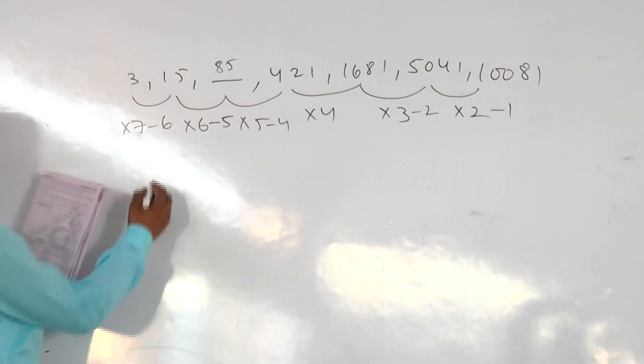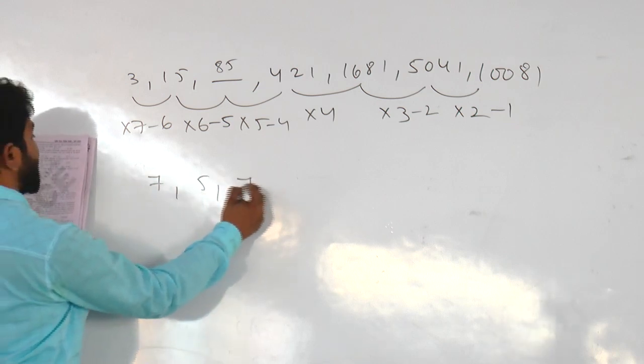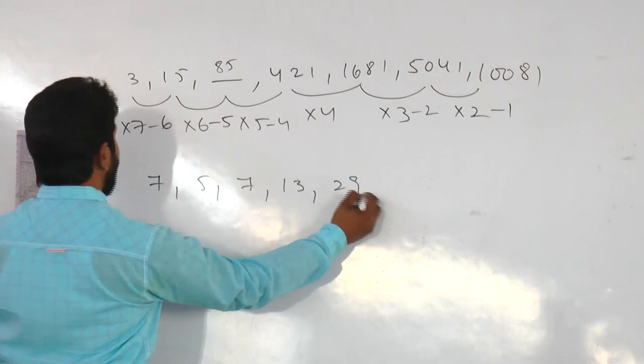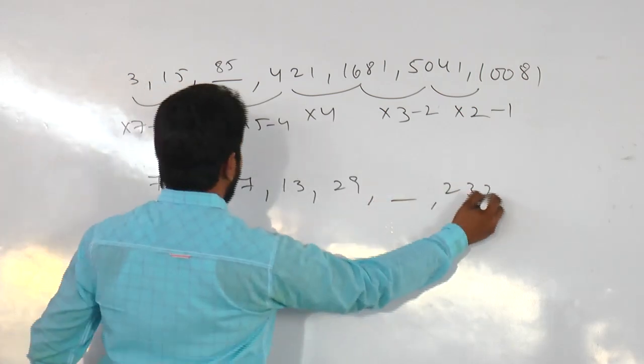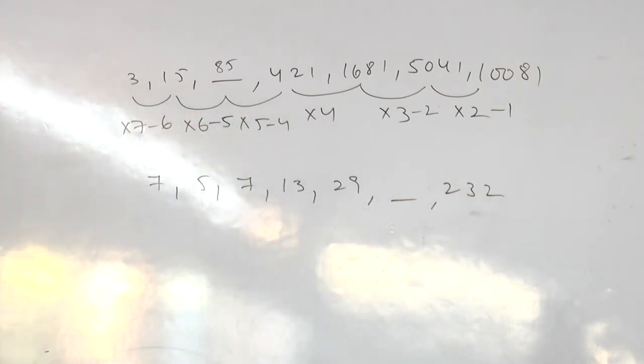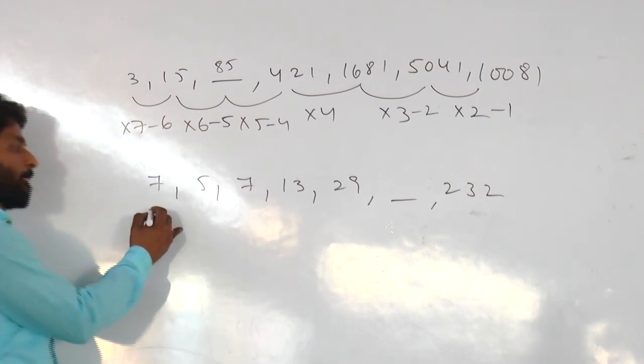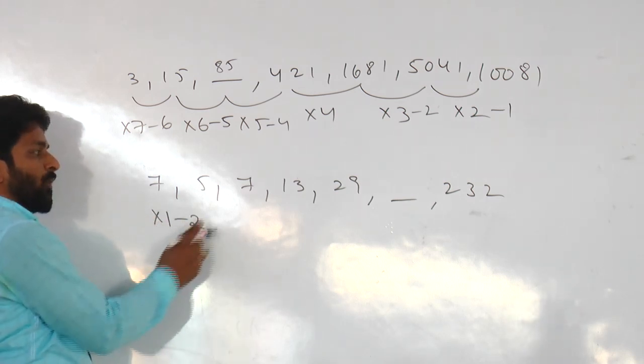Next is 53. 7, 5, 7, 13, 29 and then 232. Into 1 minus 2.